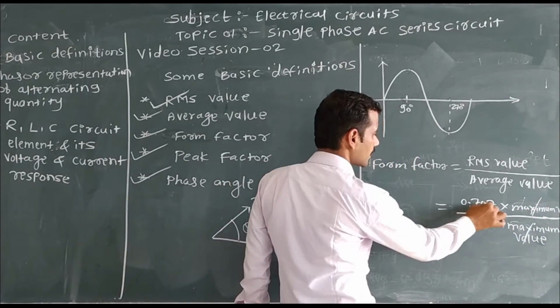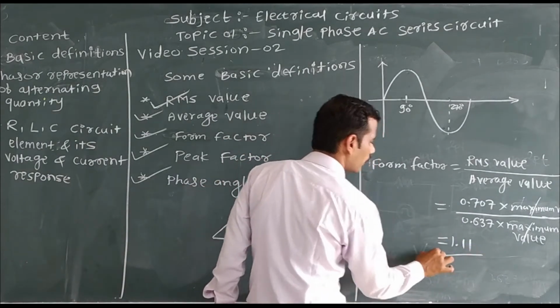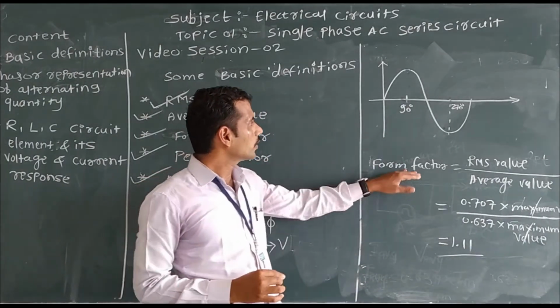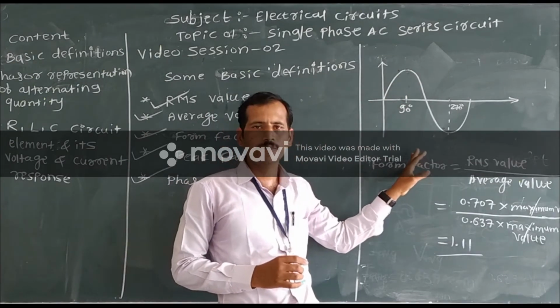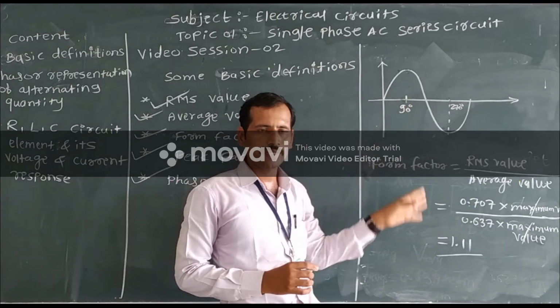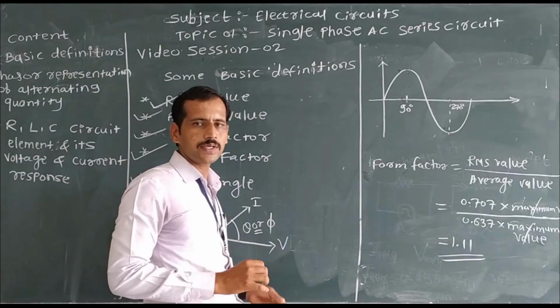Finally, 0.707 divided by 0.637 will be 1.11. That is the form factor. It is only for sinusoidal quantity. For square wave or triangular wave, the form factor will be different. We are seeing it for sinusoidal quantity only. For sinusoidal quantity, the form factor is 1.11.